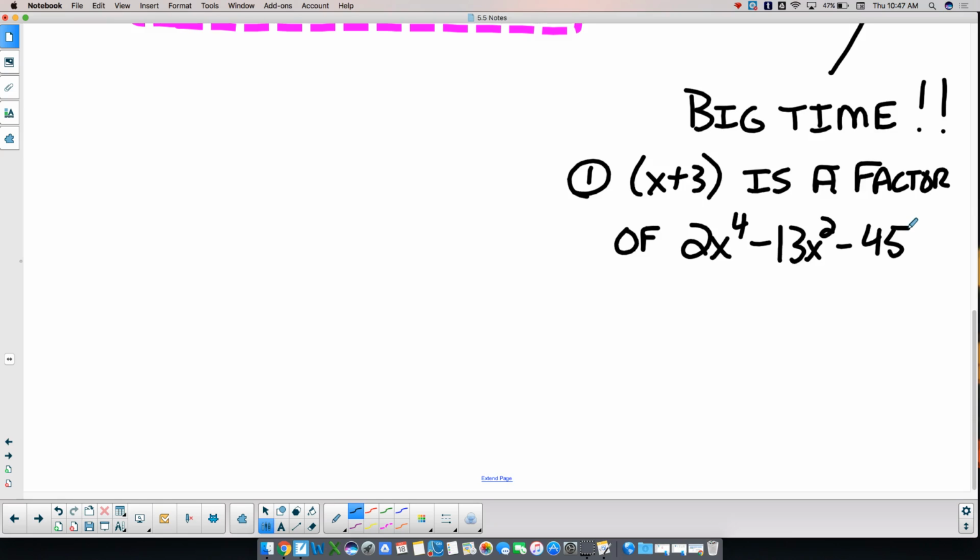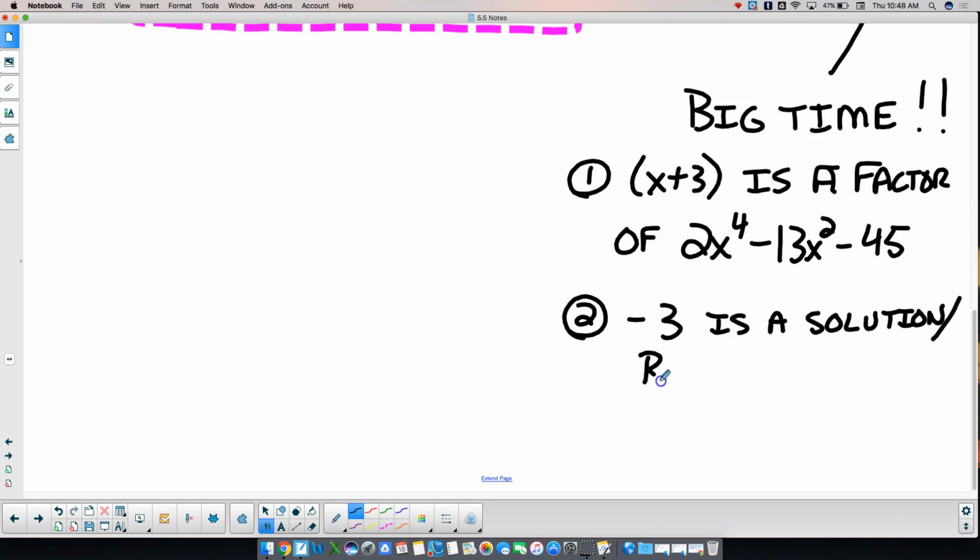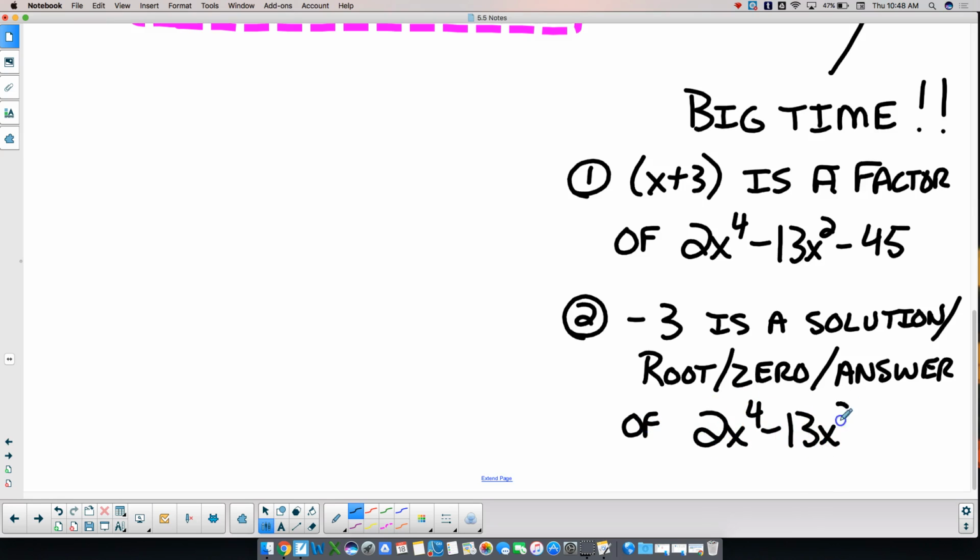What else does that mean? If I were to set this problem equal to 0, -3 would be a solution.